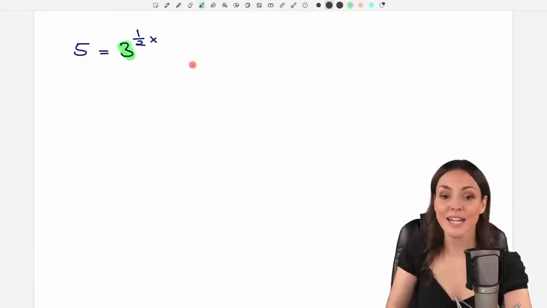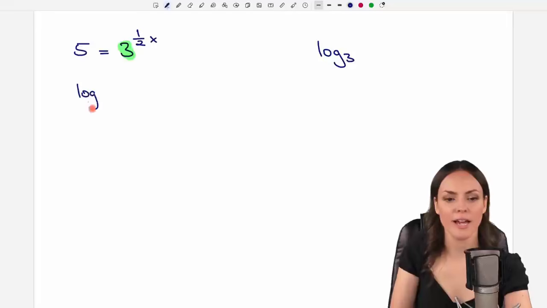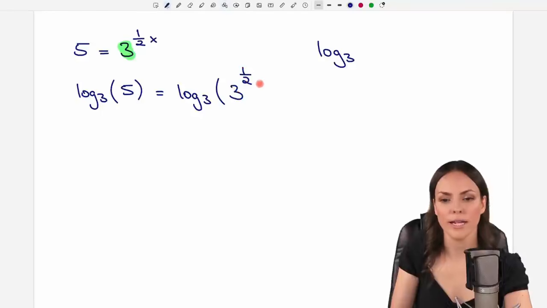With base 3, we apply the log base 3 on both sides of the equation so that we have log base 3 of 5 on the left side and the same log base 3 of the right side, so of this whole expression here. The left side is just a number.